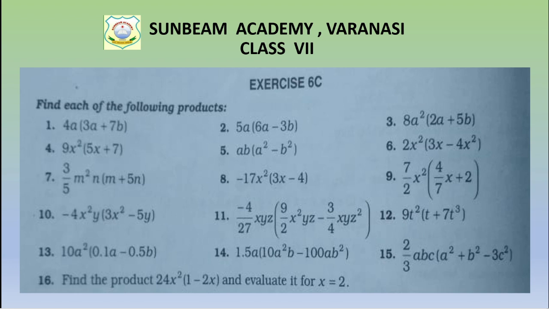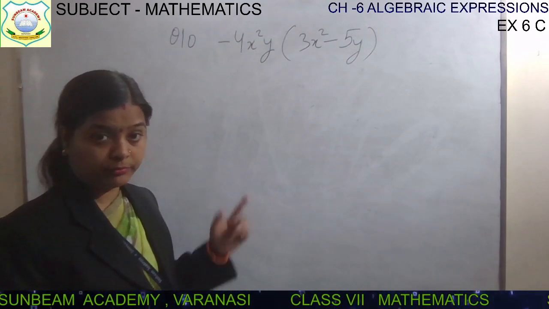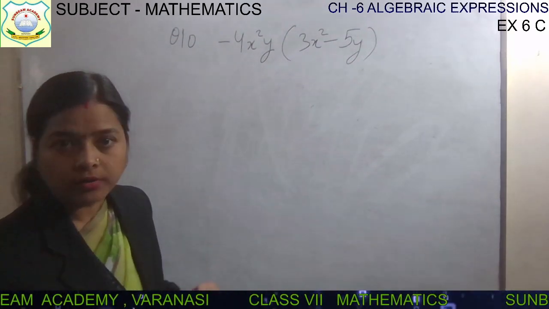Now when you are writing question number 10, this is minus 4x square y, and 3x square minus 5y. It is in a bracket, children. It is a binomial, 3x square minus 5y. I have checked my question. Now see here. After writing, just check it. Before starting the solution, check whether you have written it correctly or not.